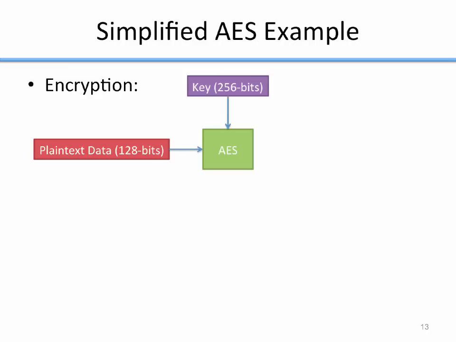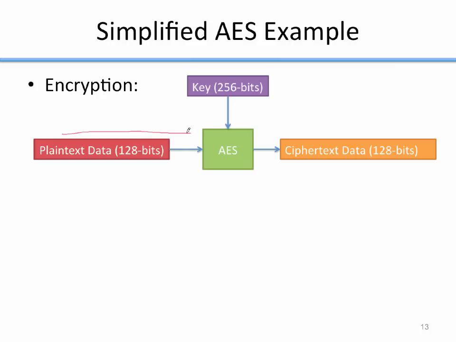But I feed both of those into AES, and what I get out is ciphertext data of 128 bits. Because remember, a block cipher takes in a block of data and encrypts it with the key to produce a block of data. So 128 bits in, 128 bits out. Now, one thing I'm not mentioning here is exactly what occurs inside of this box.